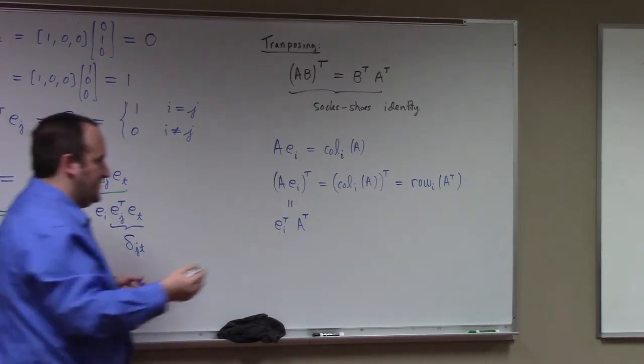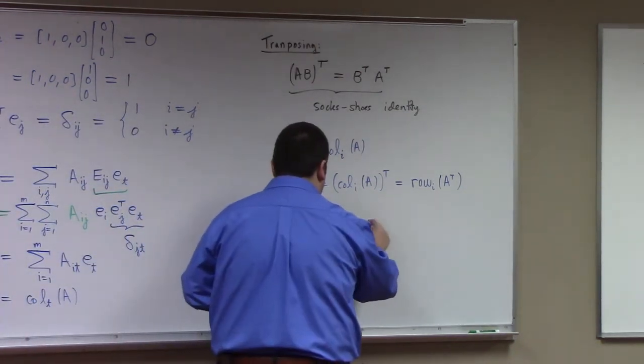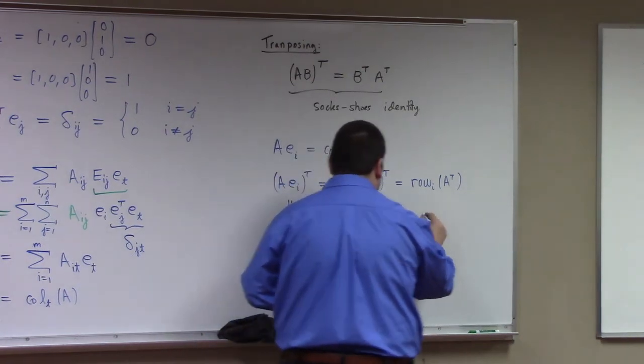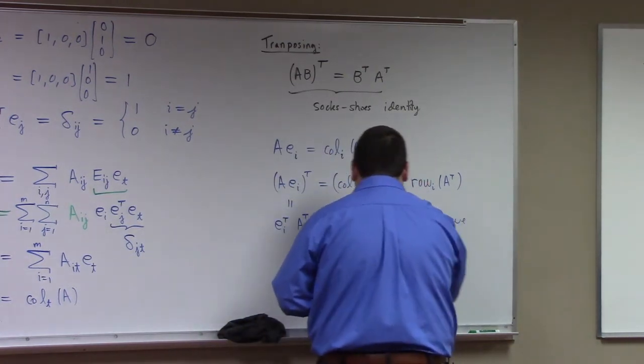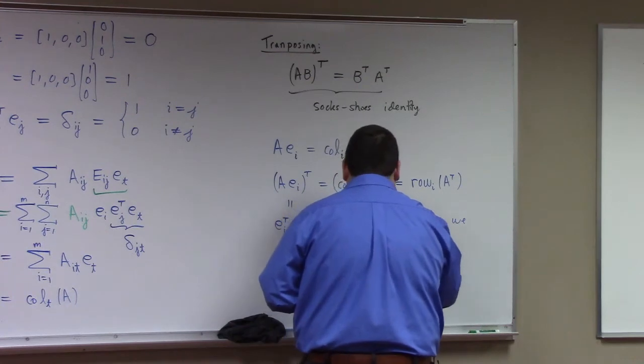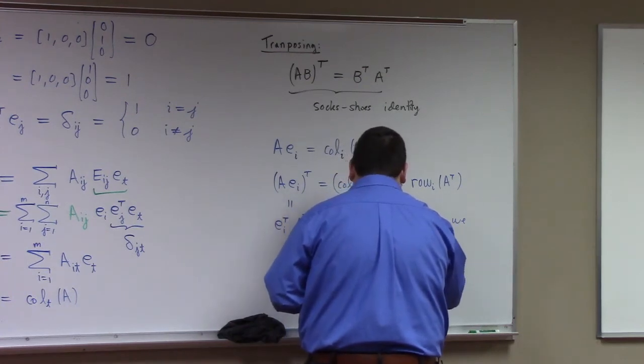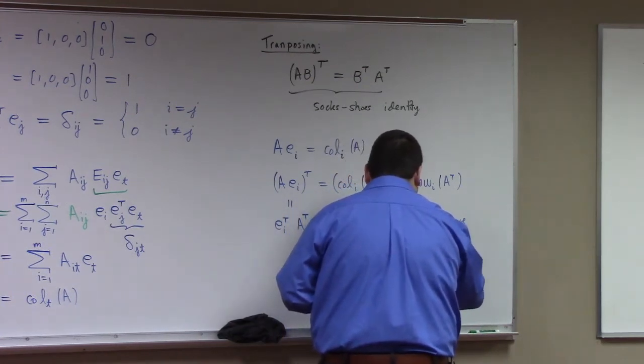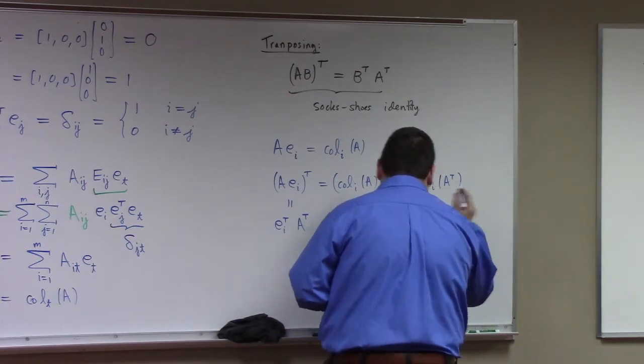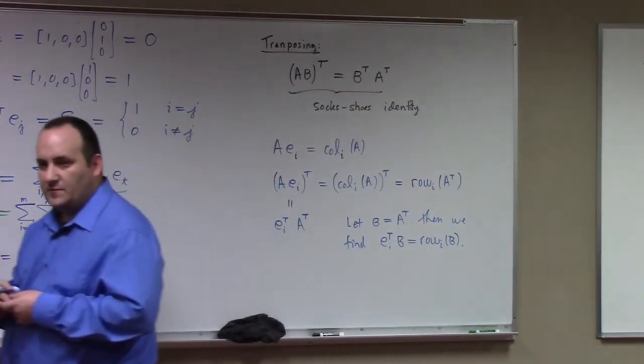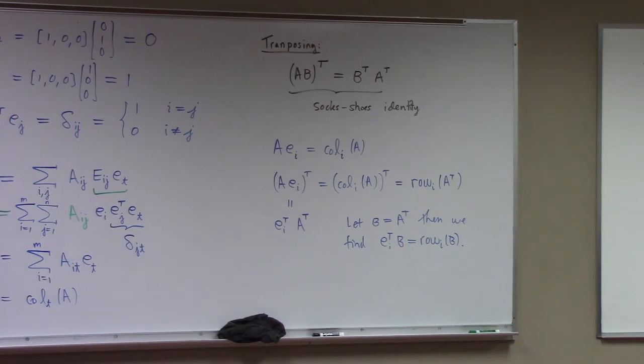So if you just say, let B equal A transpose, then we find that E sub I transpose times B is the ith row of B. So if you can prove that the matrix times the ith standard basis vector is the ith column, then the socks-shoes identity gives you the corresponding row identity for left multiplication by a row.